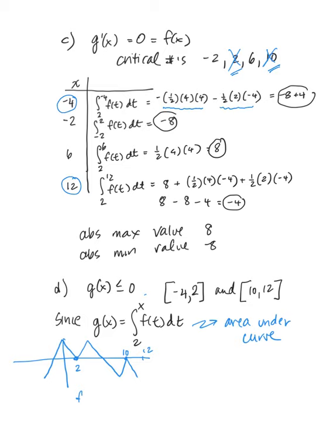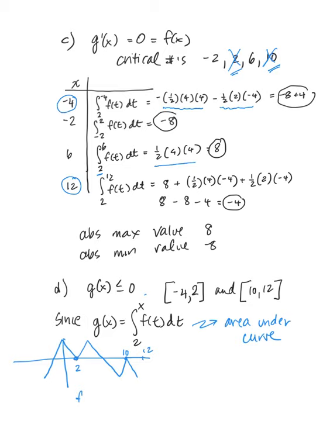At -2, we're going from -2 to 2, and that area is -8 from up above. At 6, we're going from 2 to 6, and that area underneath the curve is that triangle, and we get 8.